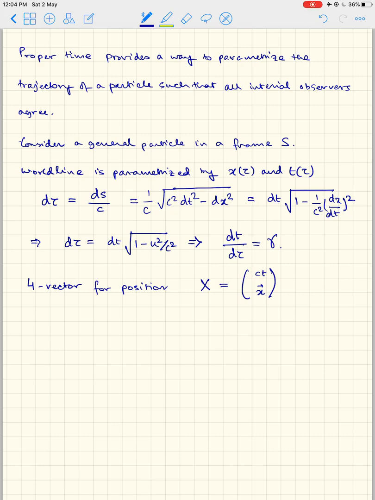So x, as you saw, was this. Let's parameterize this in terms of tau. So this is just going to be ct of tau and x of tau.